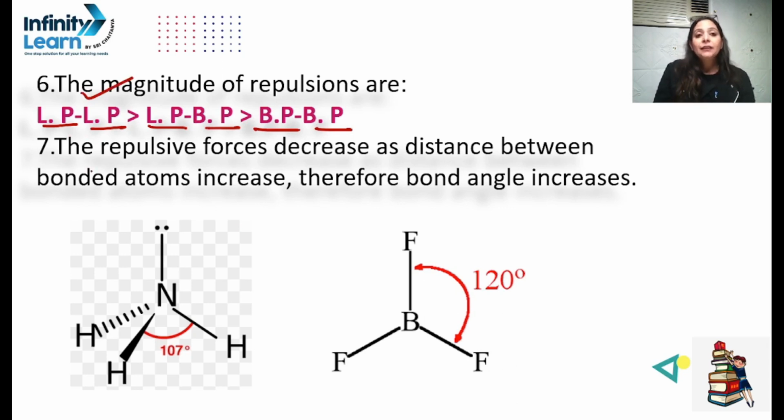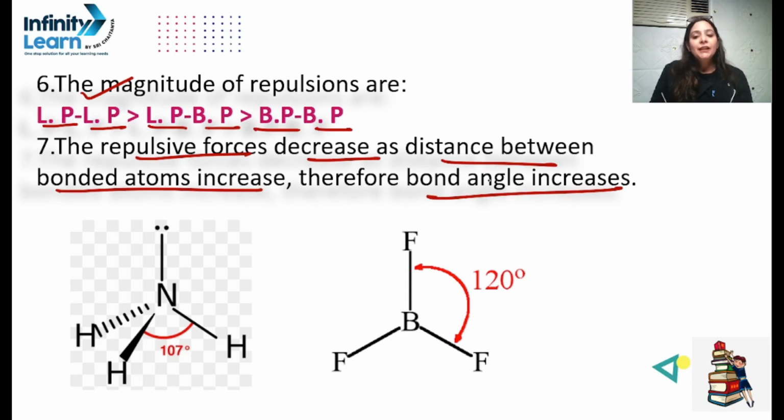And you know that these repulsions actually decide the positions of the combining atoms. They decide the bond angle basically. The repulsive forces decrease if the distance between bonded atoms increases, and therefore the bond angle increases. You must have seen that a few molecules have different angles.